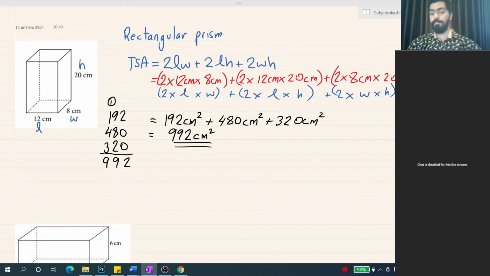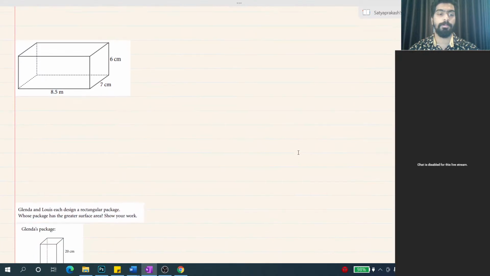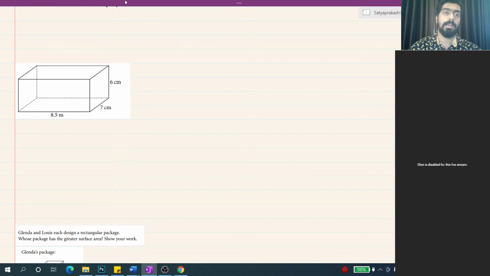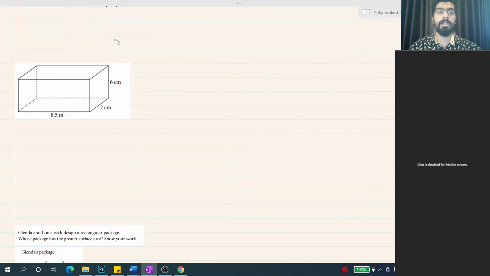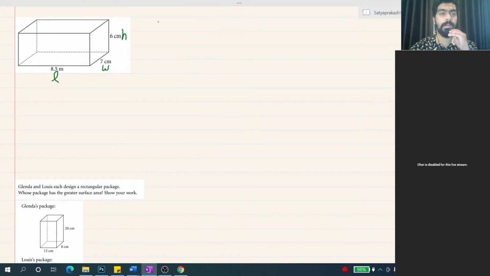Now let us go to question number 2. What we have here is very similar to the last question. We have the length, the width, and the height, and we want to find the total surface area like last question.